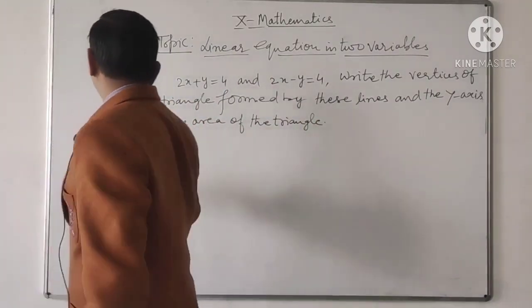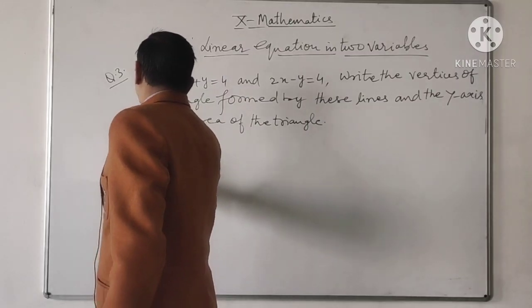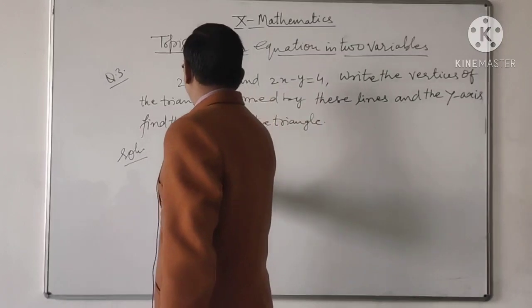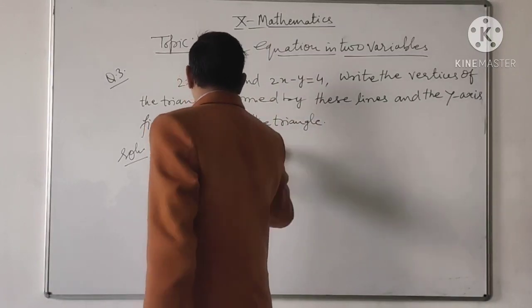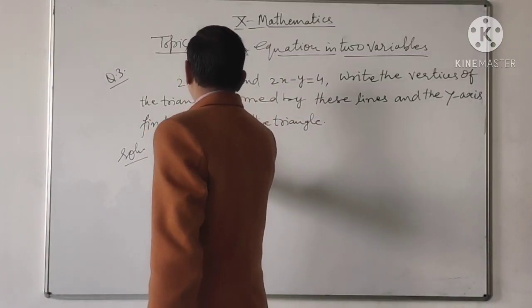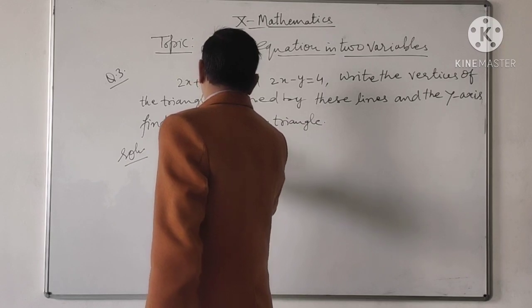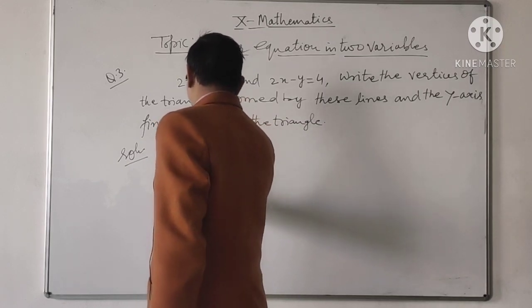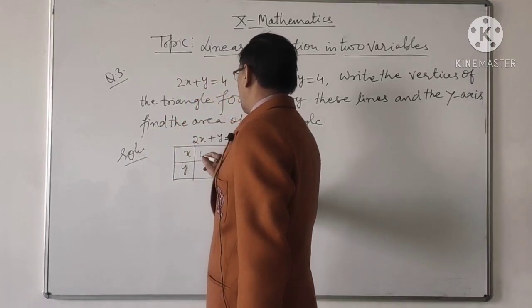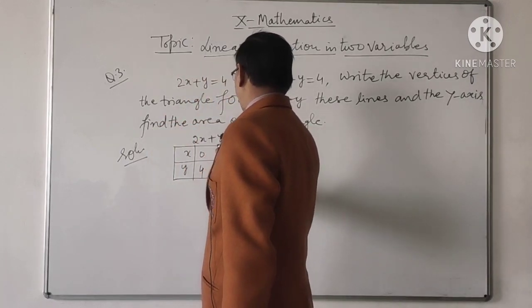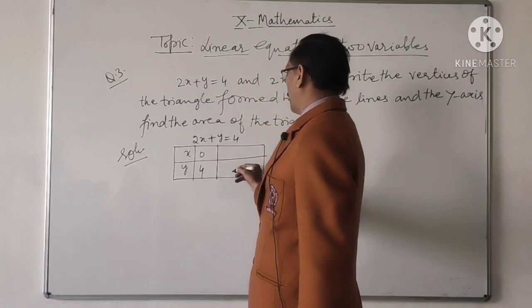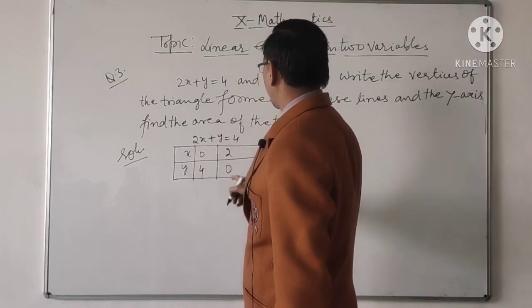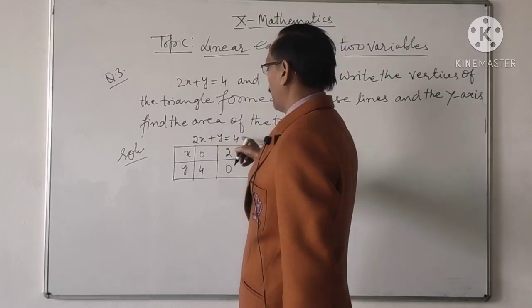Student, to make the graph, first of all we will make a table. This is for the line 2x plus y equal to 4. It is x, it is y. Let x be 0, then y is 4. Then put y as 0, then x is 2. Y is 0, 2x equal to 4, x is 2.